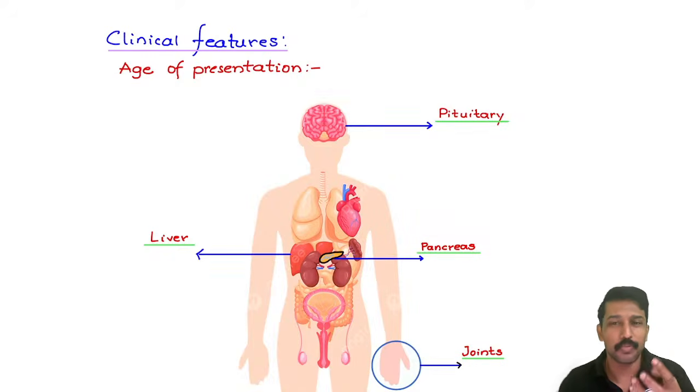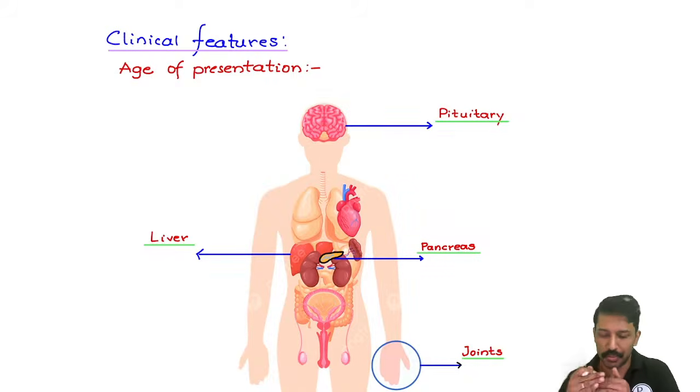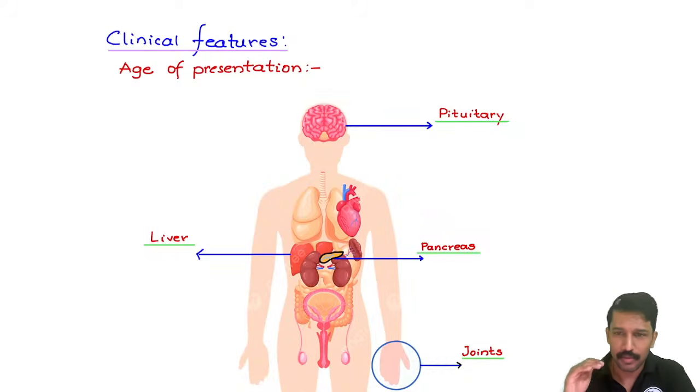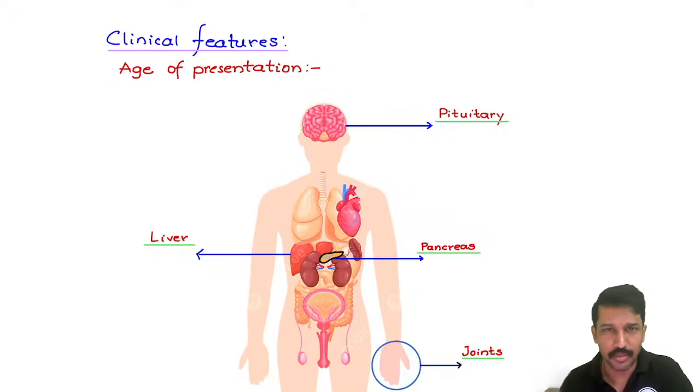Does that mean that by birth he will present with hemochromatosis and all organ system involvement? No. As the individual with this mutation keeps growing, he is absorbing a lot of iron. His iron absorption is unchecked. So organs start getting saturated with iron. Only when the threshold of tolerance of that organ is exceeded does that organ start becoming dysfunctional.